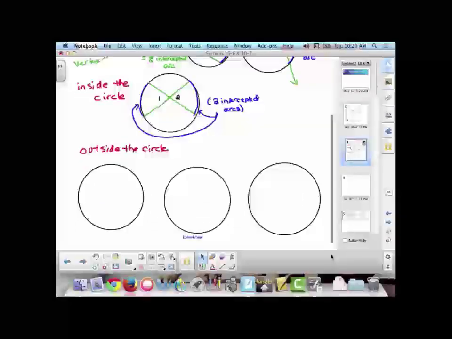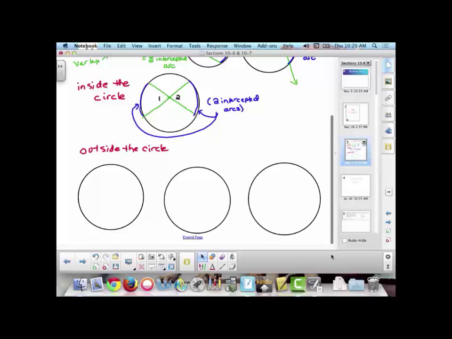And finally, we have angles where the vertex is outside the circle, and there are 3 ways that this can occur. We can have 2 tangent lines intersecting outside the circle, like this picture.